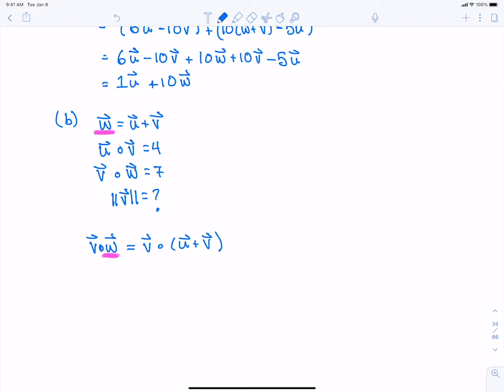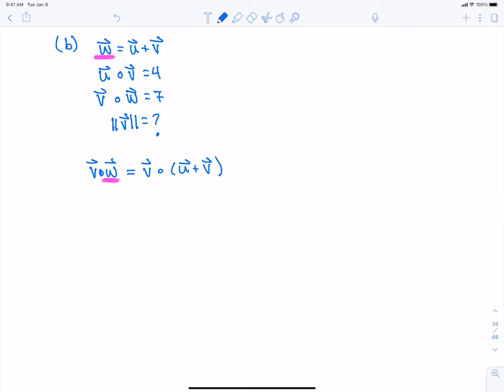And then remembering that we know v dot w is 7, so I could just say 7. And from our properties with dot product, we saw that we can distribute the dot product into the sum and end up with v dot v.